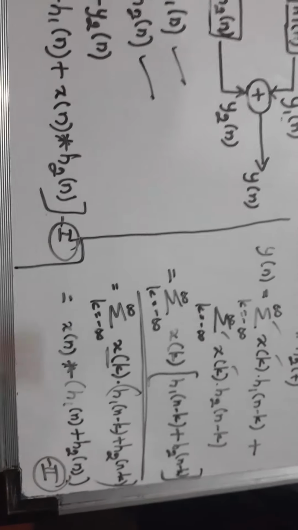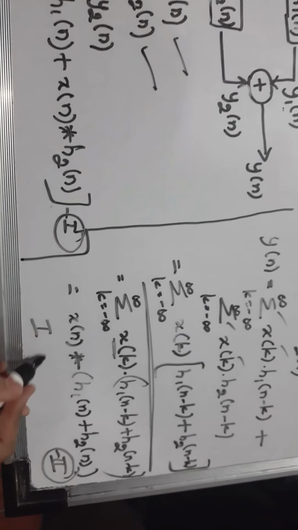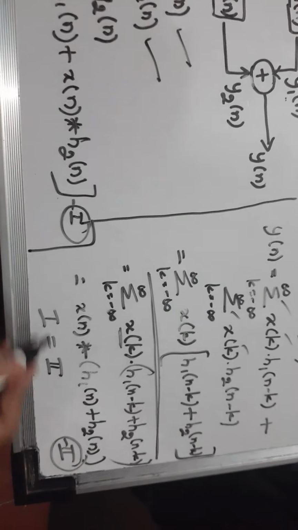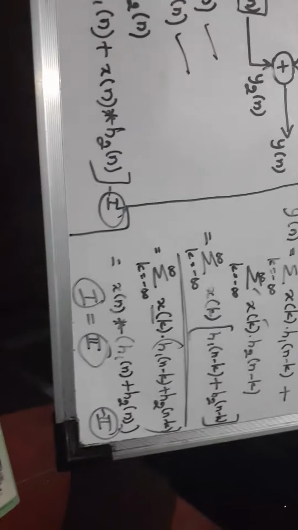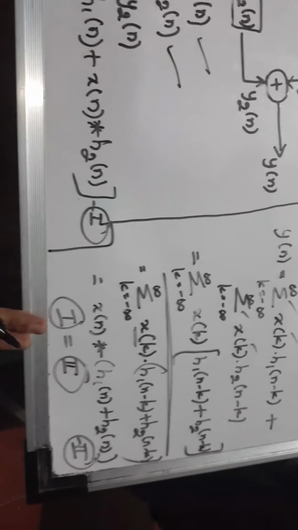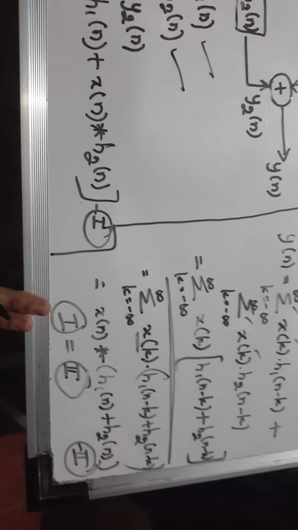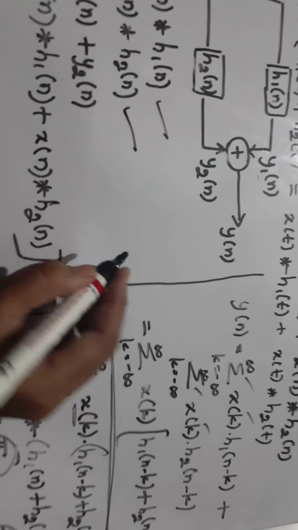So from equation 1 and 2, you can observe that both are equal. So how will you write this in terms of a block? Generally, you can write it.